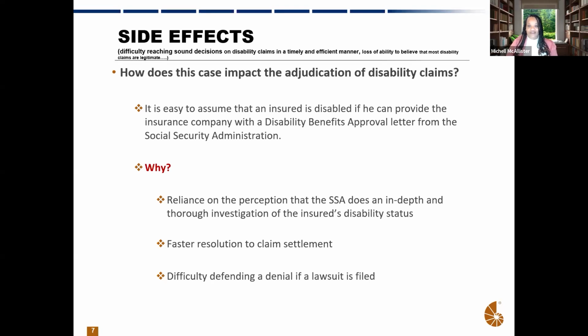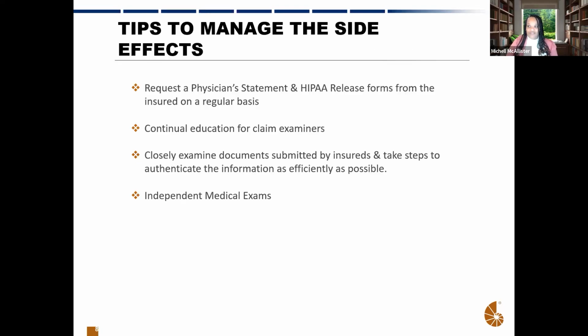Okay, good. All right. Well, here's some tips to manage the side effects. Request a physician statement and a HIPAA authorization release form from the insured on a regular basis. You may want to do this every 1 to 3 years, regardless of the insured's condition.